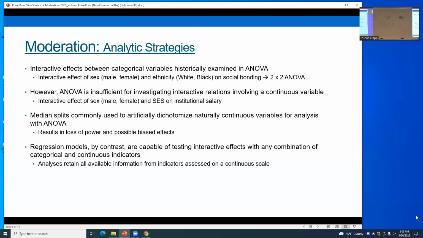If, however, we take a regression approach, we can start to look at interactive effects with any combination of continuous and categorical variables. Categorical variables get a little tricky depending on the nature of those categories, how many we have, but we can code these so we can look at the extent to which this categorical variable moderates the relation between this continuous predictor and our outcome across the whole range of the scale.